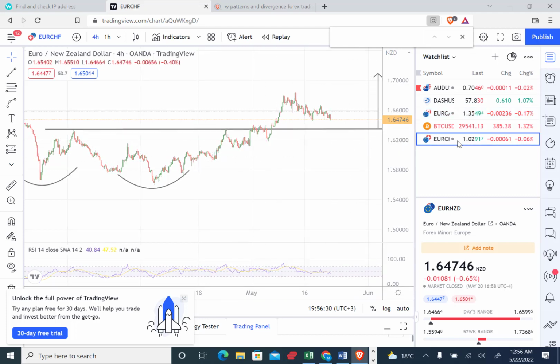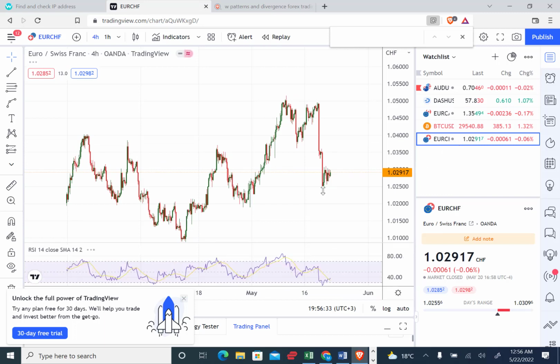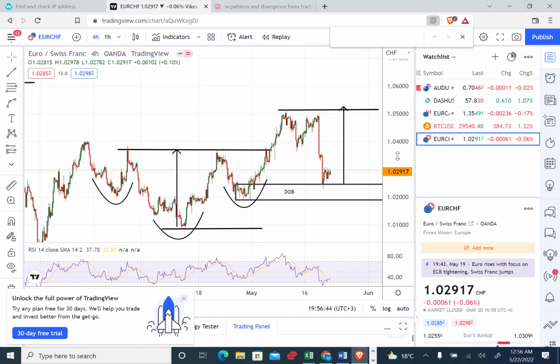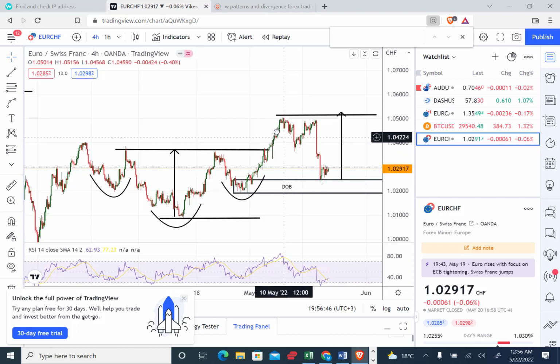Let me give you an example of Euro Swiss. I analyzed this pattern yesterday. For people who wait for an immediate retest, they will have entered at around this place. So I had two scenarios in such a pattern.